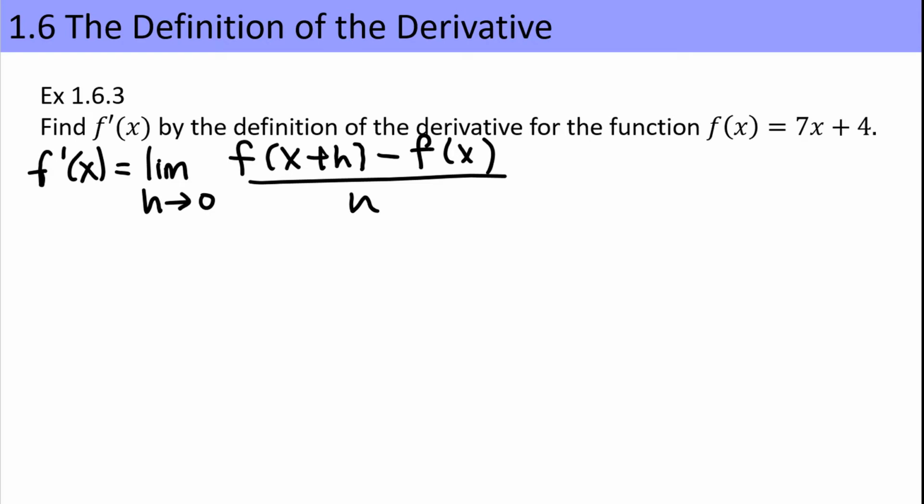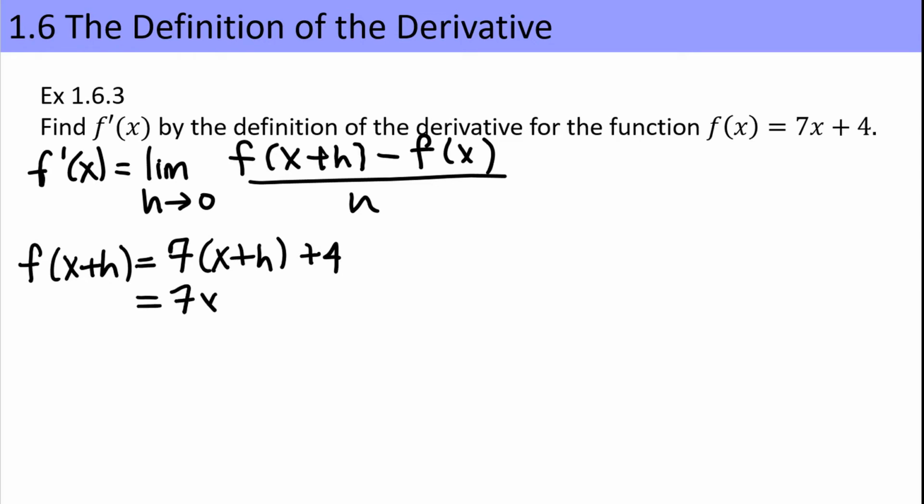Let's find the components. For f of x plus h, we will replace every x in the function with x plus h. So we will have 7 times (x plus h) plus 4, and simplified, that'll give us 7x plus 7h plus 4.